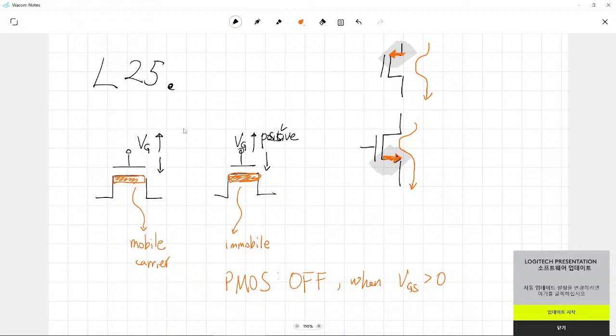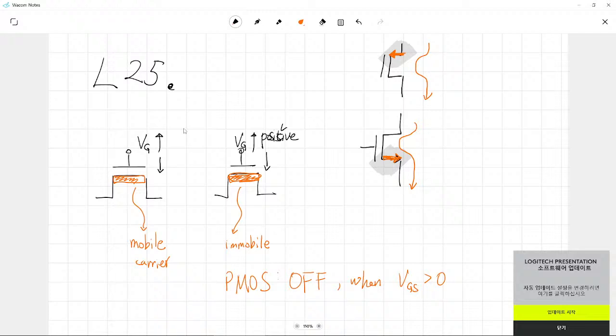So any questions? Some of you are a little confused. Maybe some of you are wondering, if we just rotate it, how can we distinguish this and that? Even when we rotate it by 180 degrees, we still have a different direction.